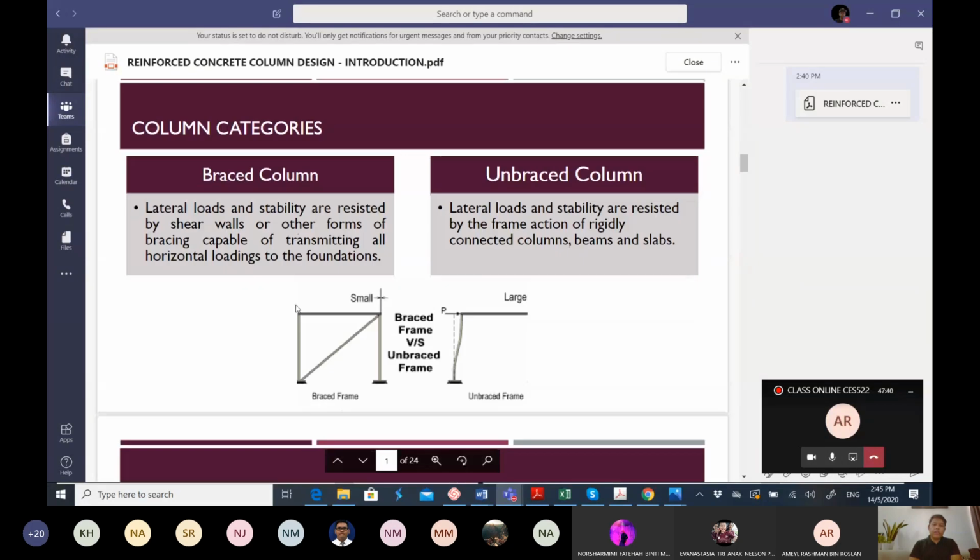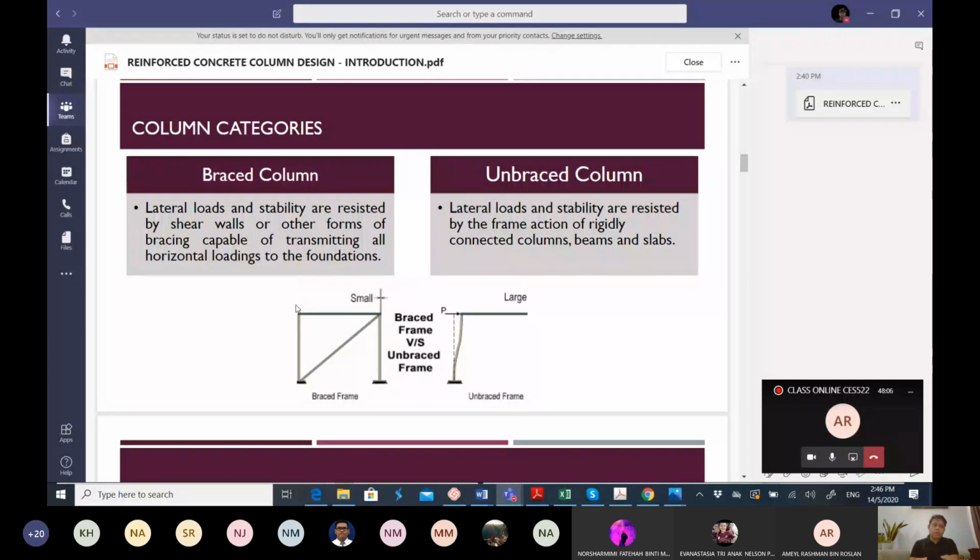Okay, so there are two types of column category, which are the braced column and the unbraced column. A brace is the element that is going to tie up the column in order to strengthen it and reduce the sway, like we use braces. Its function is the same.